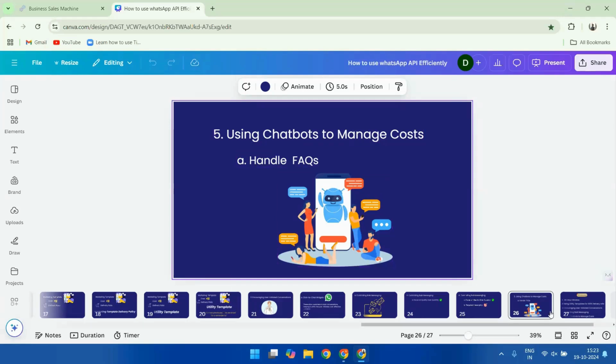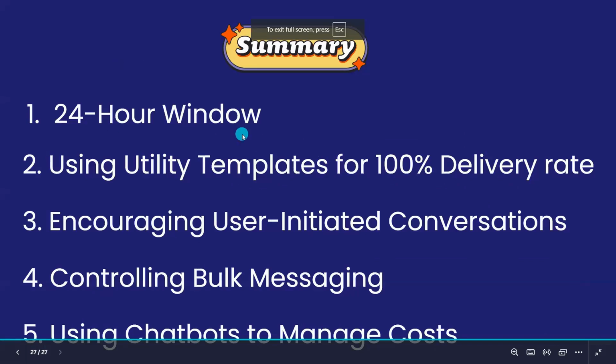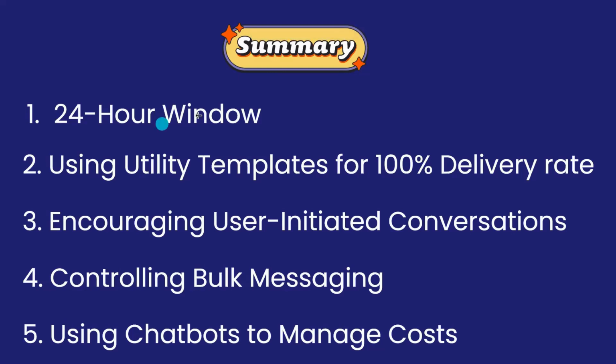Basically, we have covered how to use the 24 hour window to respond faster, and to upsell or give more information about your existing products or other services. And how to use utility templates.